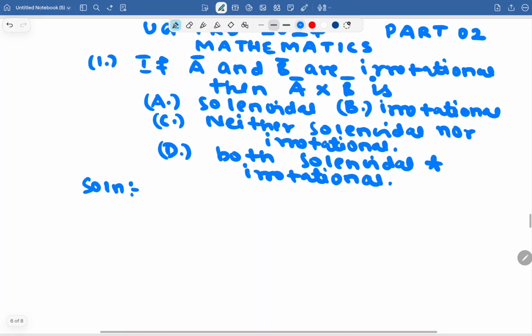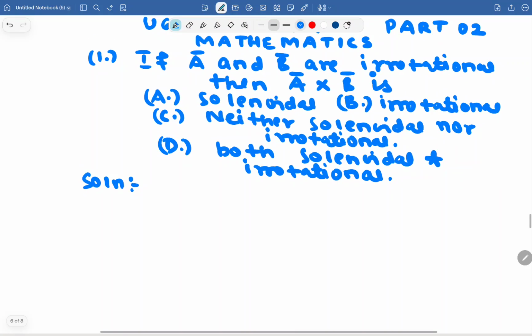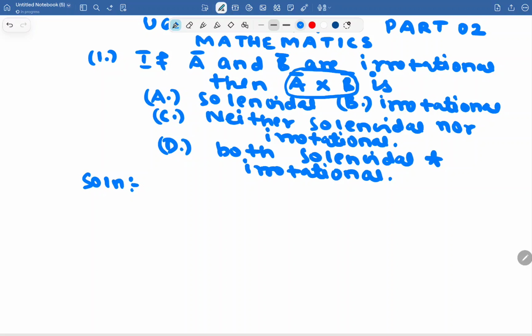Given A and B are irrotational, what is the value for A vector cross B vector? Whether it is solenoidal, irrotational, neither solenoidal nor irrotational, or both solenoidal and irrotational.